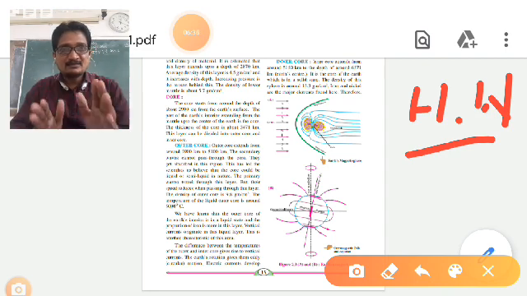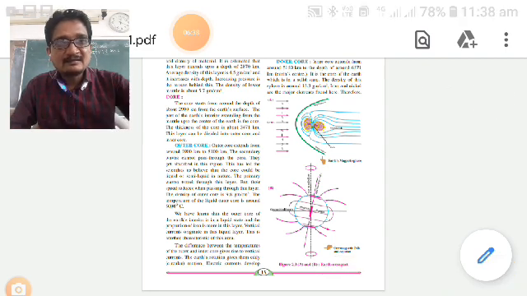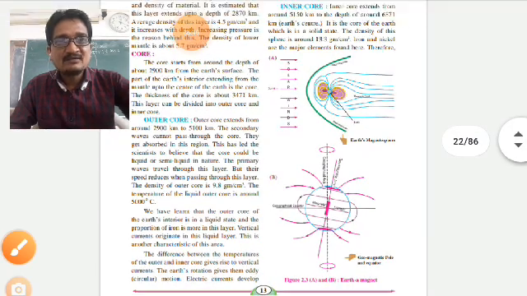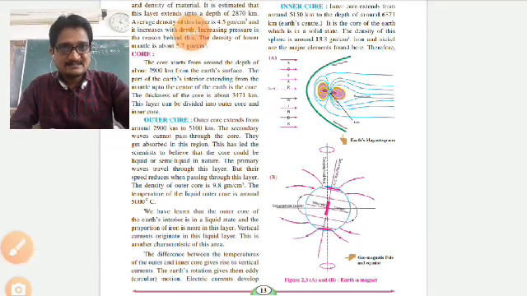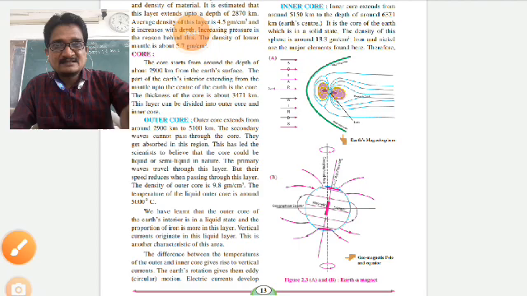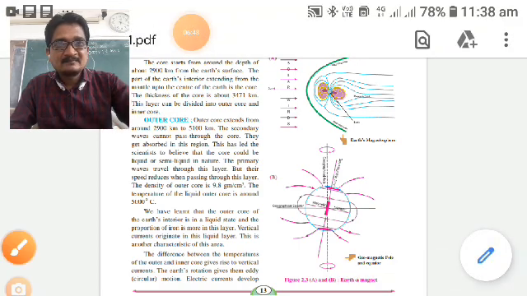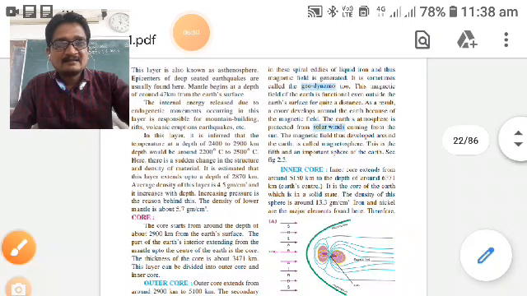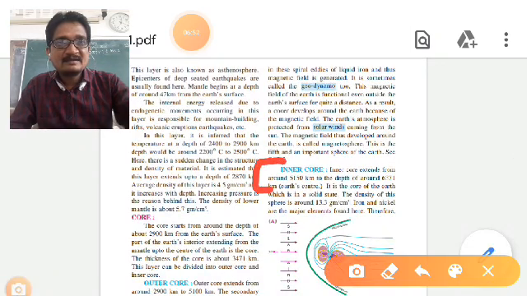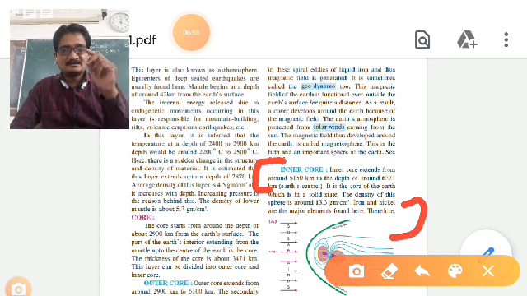Then you can point out 4 points from these paragraphs for the outer core and these points for the inner core. Differentiate these paragraphs into 4, 5 points. Okay, then you can write your answer.